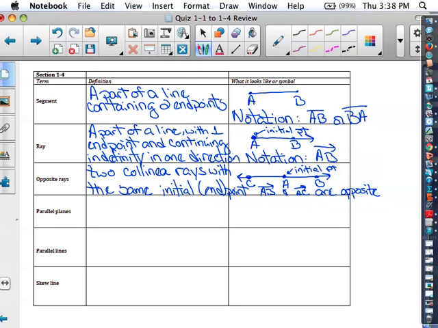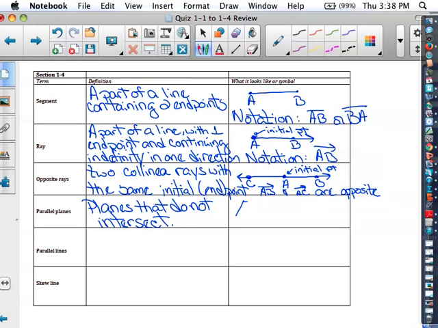Next one, parallel planes, and these are planes that do not intersect.